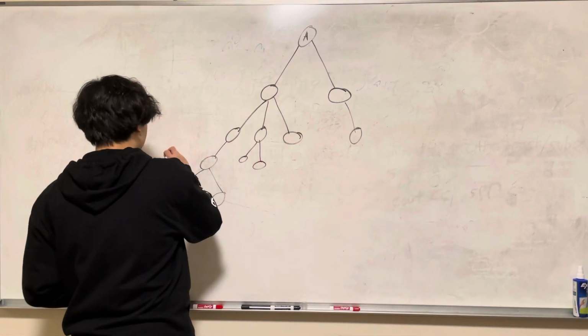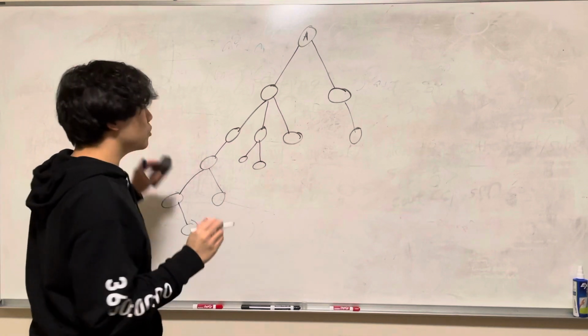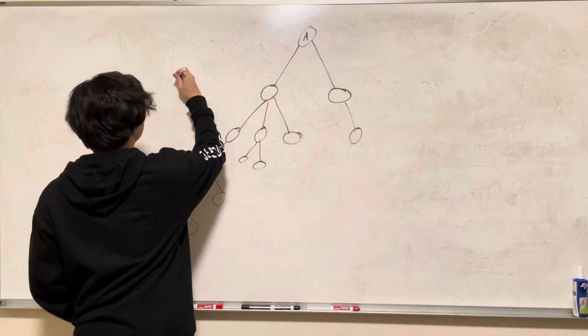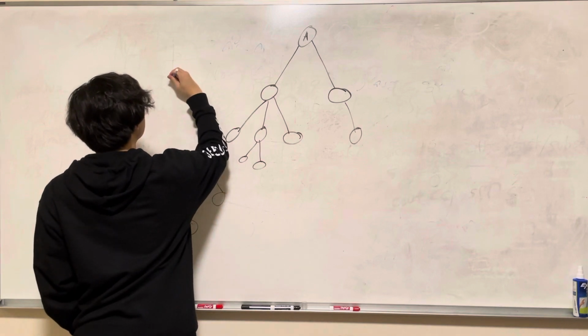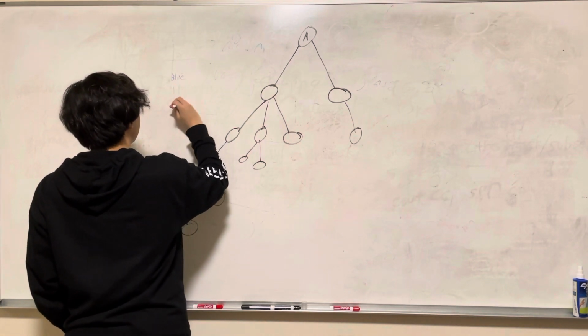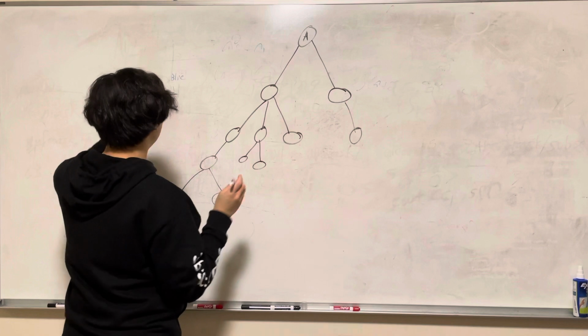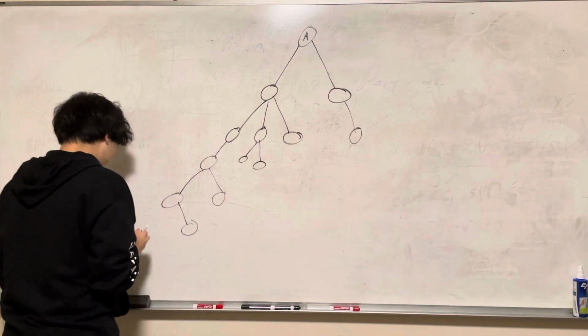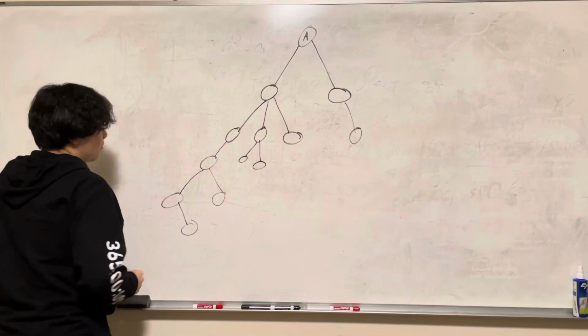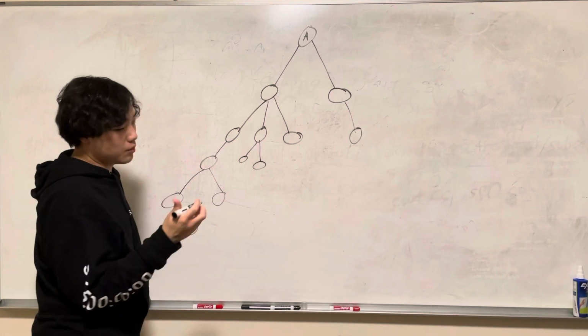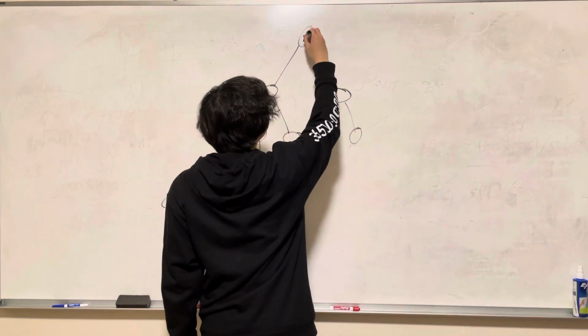Let's say special nodes are marked with a different color.